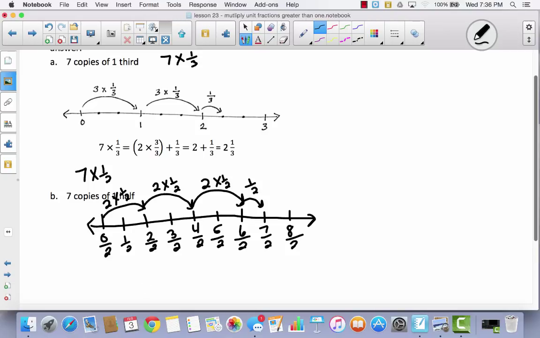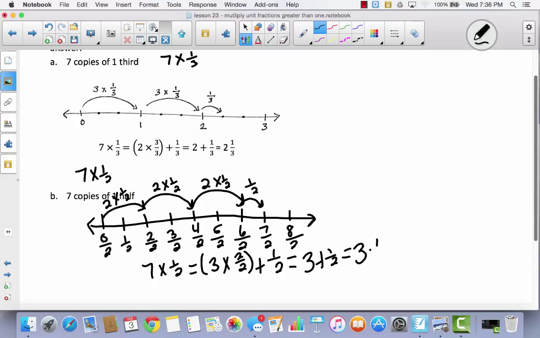So I've got 7 times 1/2 is the same as 2 halves, 2 halves, 2 halves, 3 times. So I've got 3 times 2 halves plus this half that's left over. So 3 times 2 halves is the same as 3 plus 1/2 equals 3 and 1/2. Okay?